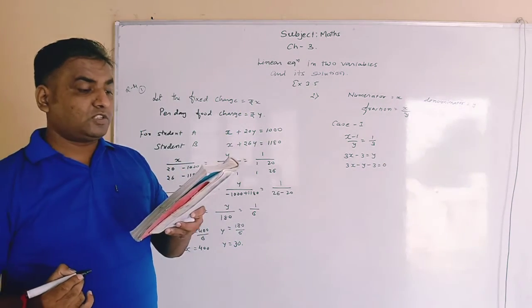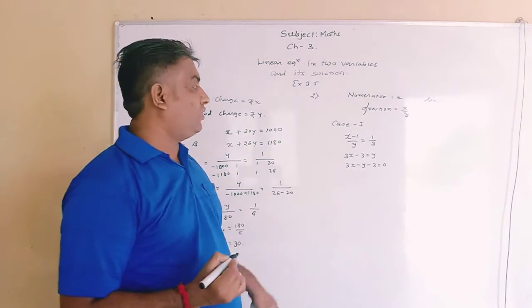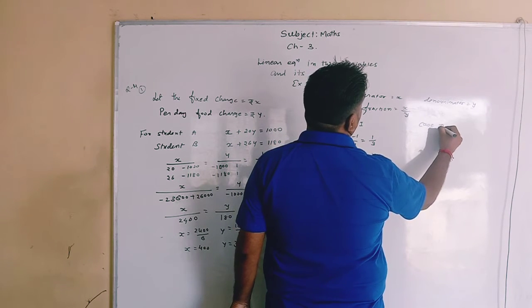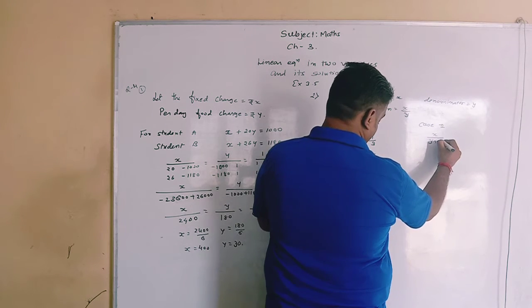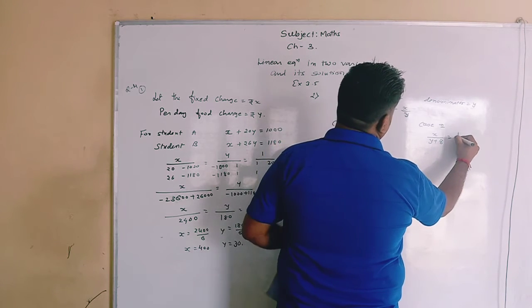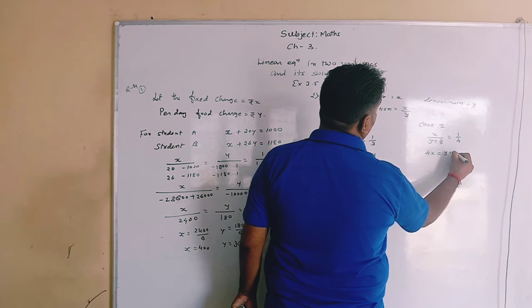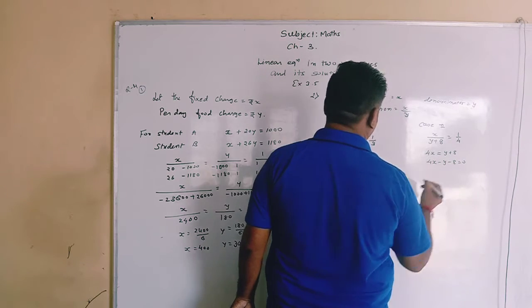And in case 2 it is said that it becomes 1/4 when 8 is added to the denominator. So case 2 is given x by y plus 8 is equal to 1/4. So 4x is equal to y plus 8. So 4x minus y minus 8 equals 0.